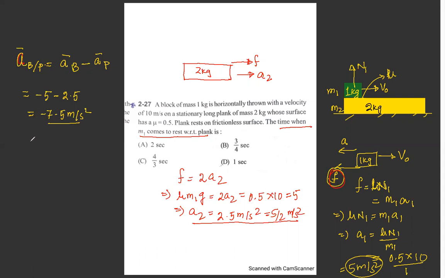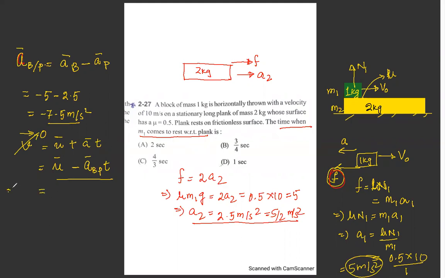We are required to find the time in which M1 comes to rest with respect to the plank. So we'll be using the equation v equal to u plus at. The final velocity is 0. The initial velocity is u, which here is 10.